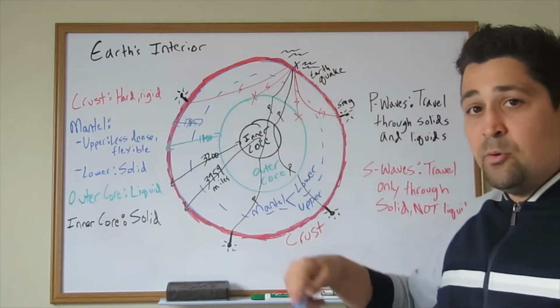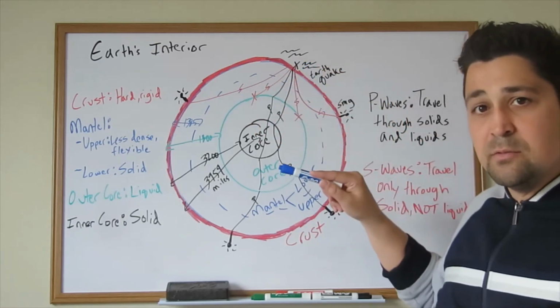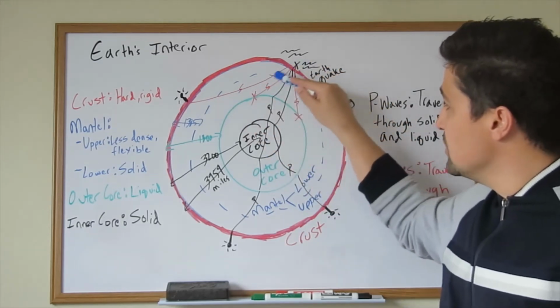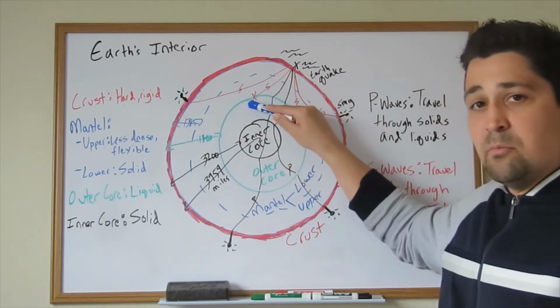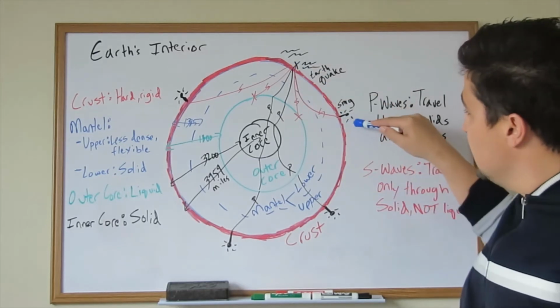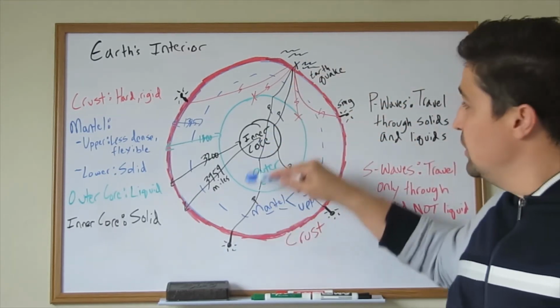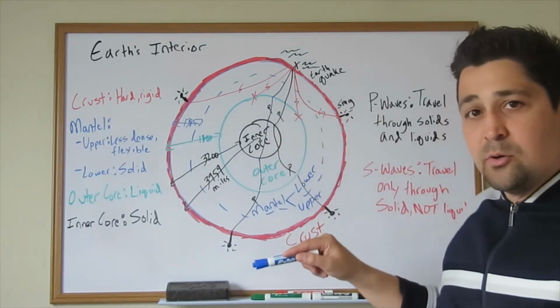Not to say that no S waves are recorded, because there are seismographs in other parts closer to where the epicenter of the earthquake happened. So maybe the S wave made it through the solid here, but it didn't manage to reach all the way down in that direction. Or it wasn't directed to this seismograph, right? But if they were directed straight through, they would be stopped by this liquid outer core.